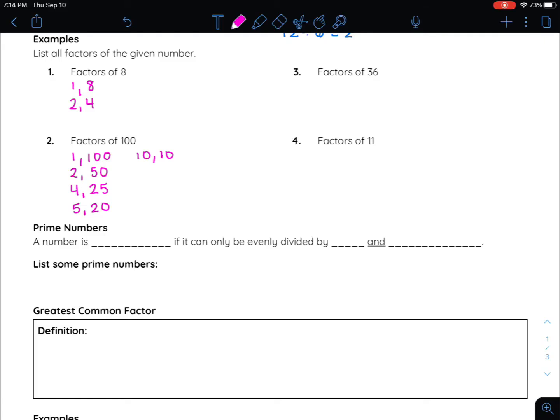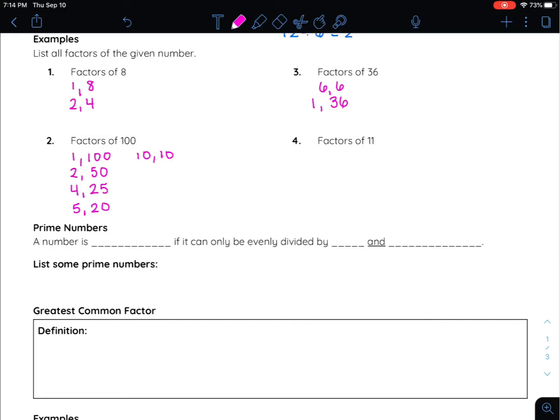Okay. Factors of 36. 6 times 6 is the first one that my mind comes up with, right? How about 1 and 36?